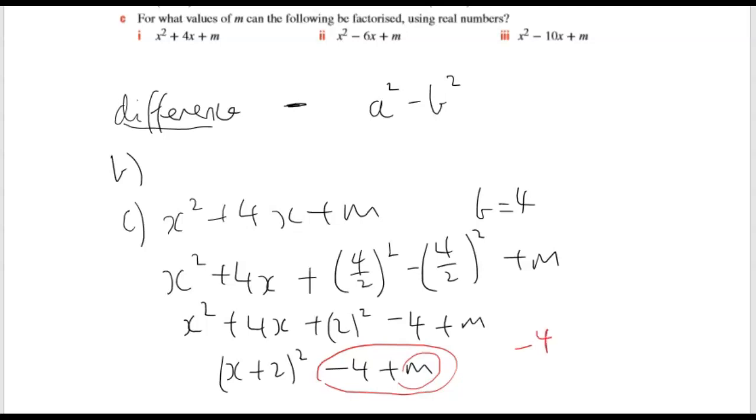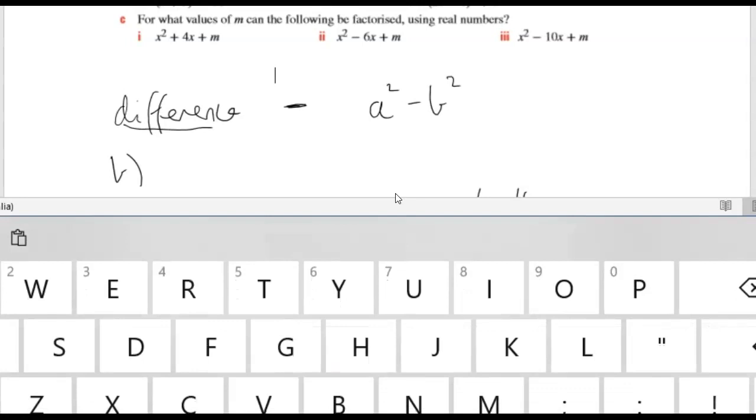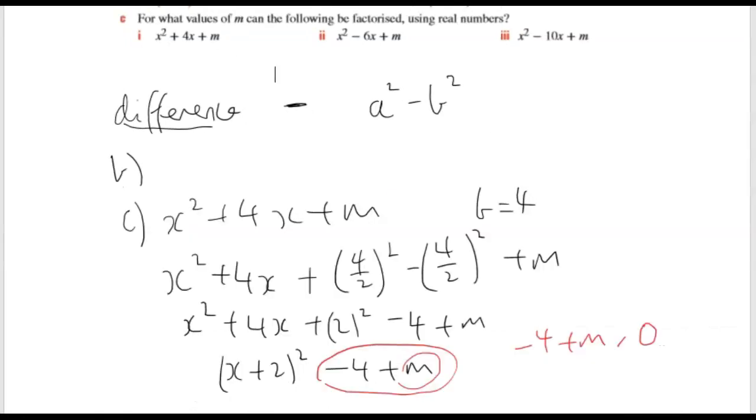So -4 plus m has to be less than or equal to 0, for it to remain a negative. I'm going to move that 4 over, so m has to be less than or equal to 4.